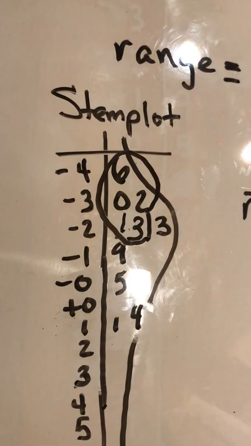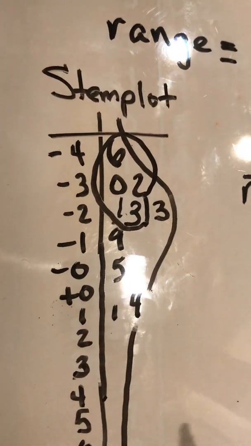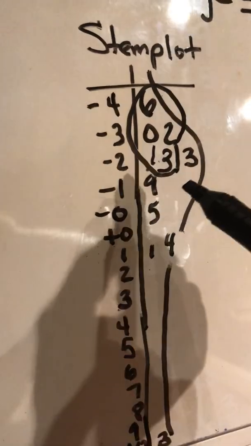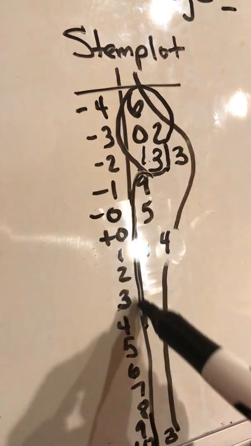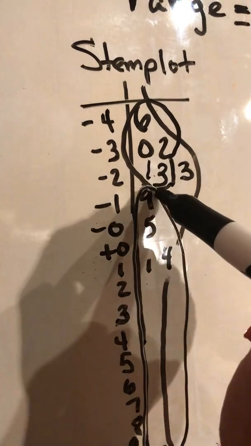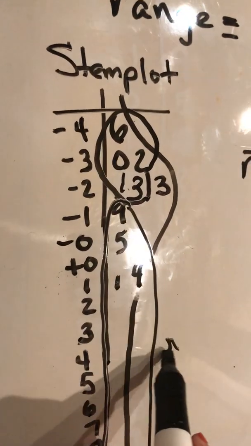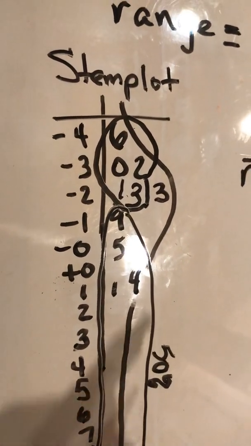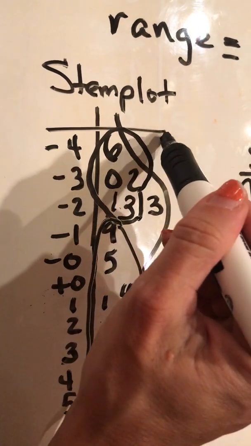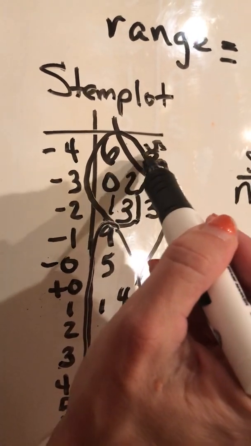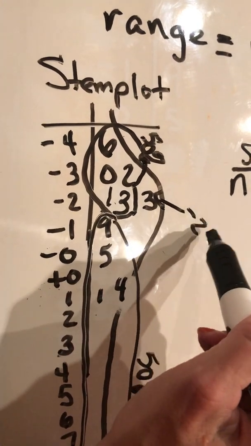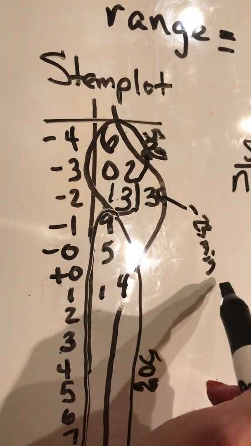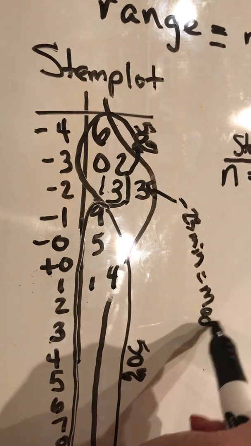I'm messing up my stem plot. And then 50% above. So 1, 2, 3, 4, 5. That's an upper 50%. So upper 50%, lower 50%. And this guy right here, negative 23 minutes, would be the median.